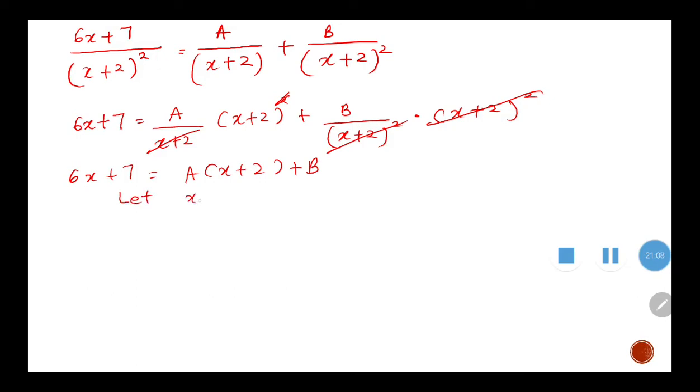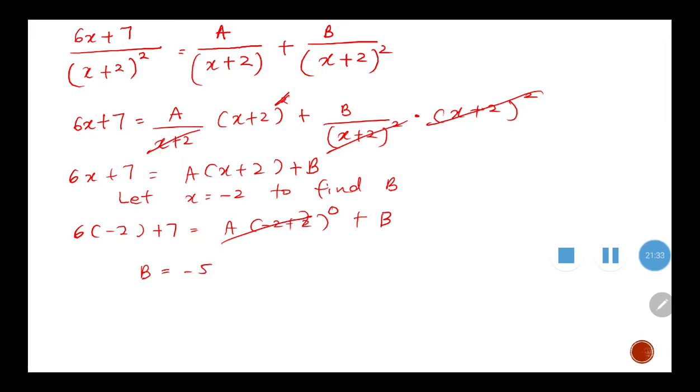Let x equal to minus 2. So 6 times minus 2 plus 7, a times minus 2 plus 2 which is 0, plus b. So minus 12 plus 7, you will get what? b equals minus 5.